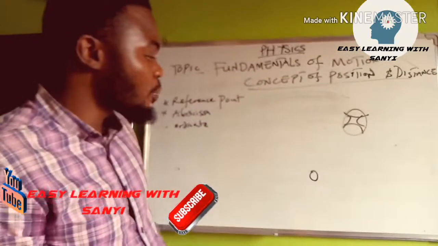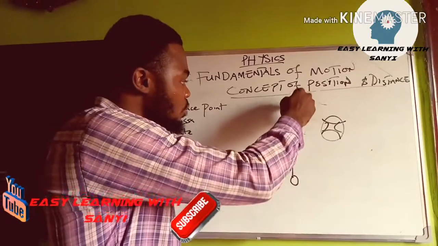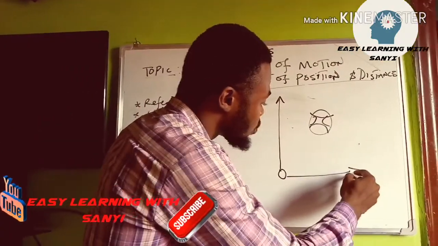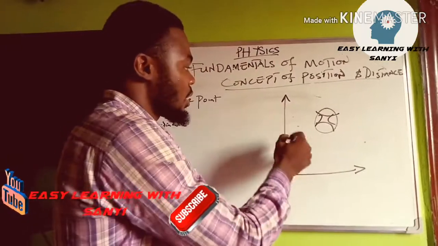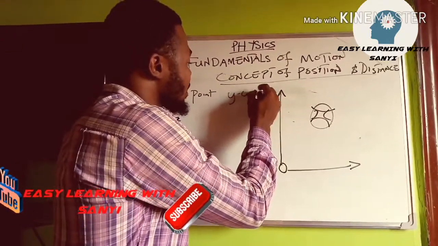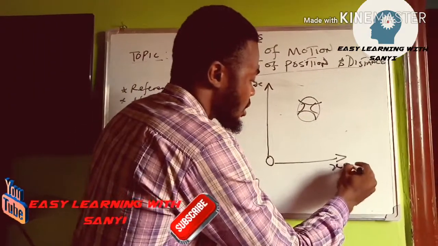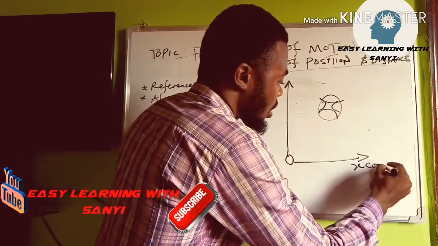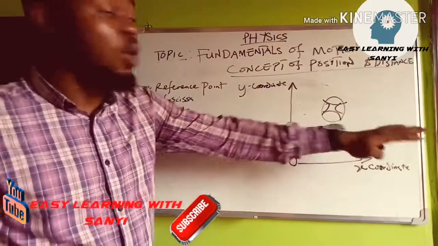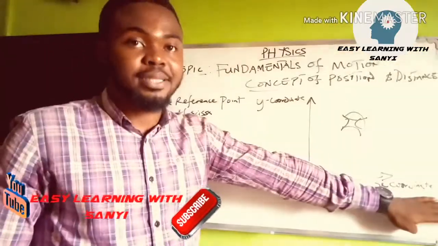On that reference point, there must be a vertical coordinate, which is called the y coordinate, and a horizontal coordinate, which is called the x coordinate. The y coordinate is normally called the ordinate, while the x coordinate is called the abscissa.